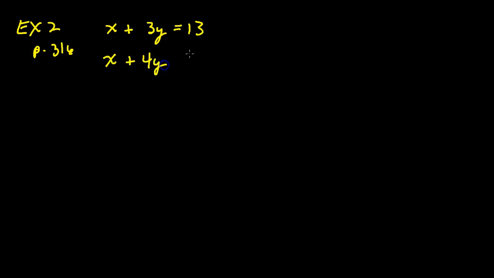In example 2, in our text, this is on page 316, in section 5.3, we're given another system, x plus 3y equals 13, and equation 2, we'll call it x plus 4y equals 18.